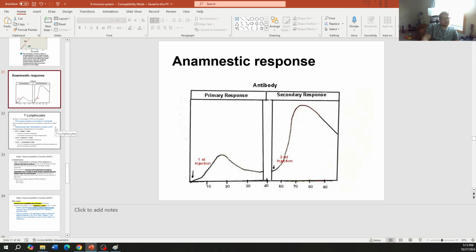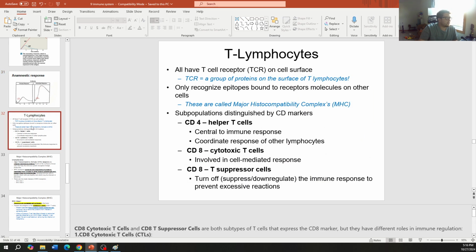This can also be a bad thing when it comes to allergies or autoimmune conditions. If you're exposed to large amounts of something you're allergic to over and over again, each response can be worse and worse. So you have to be very careful with allergies and the way that those are managed and taken care of, depending on the degree of them.